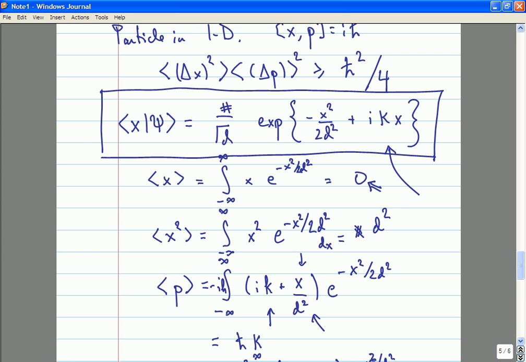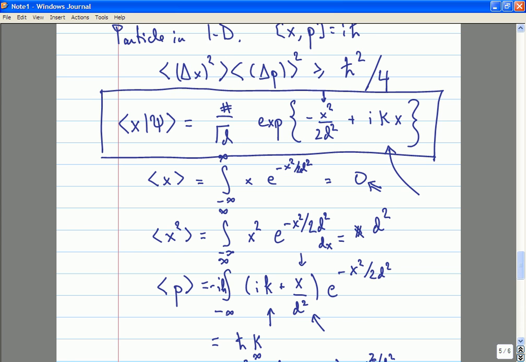Not every state has the expectation value of x equal to 0. That means that this is a Gaussian centered around 0. So if you want to find a more general form of a minimum uncertainty state, what you need to do is construct the Gaussian centered around some other point. What do you do then? Well, you just replace this x here by x minus x naught, where x naught is the place the Gaussian is going to be centered around.